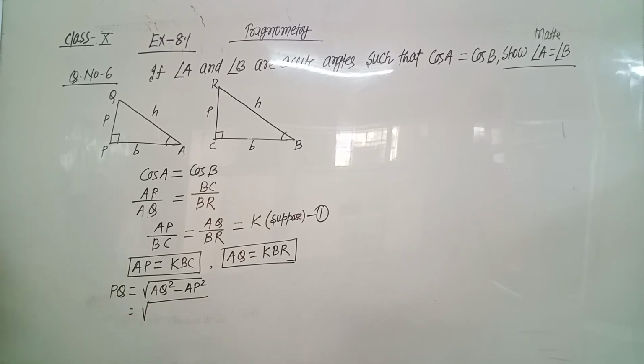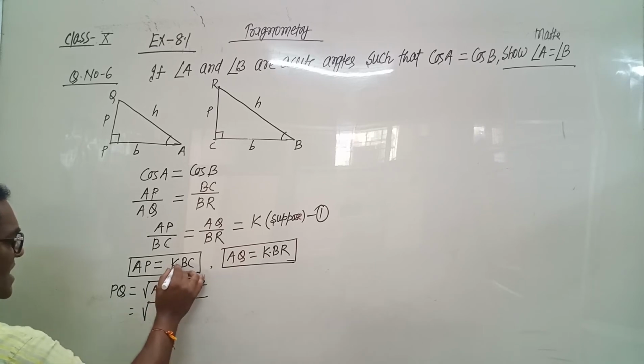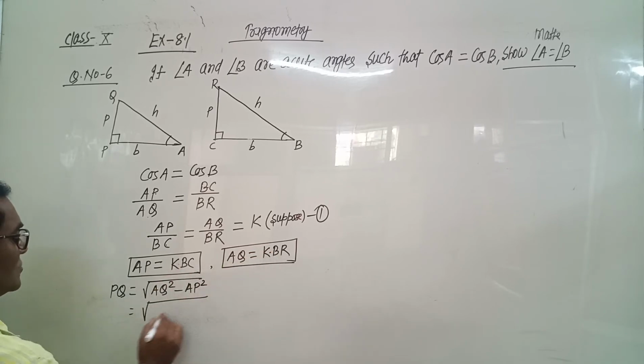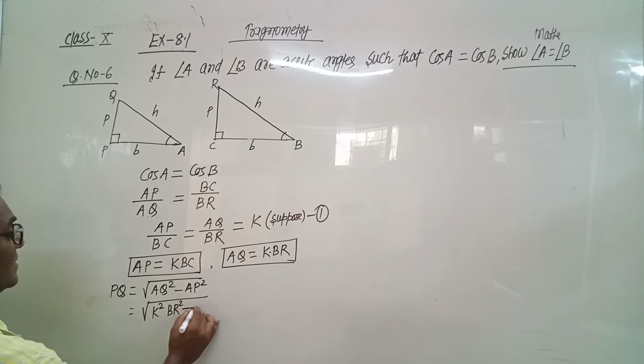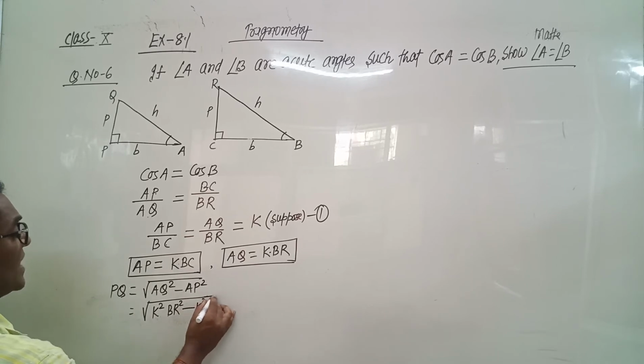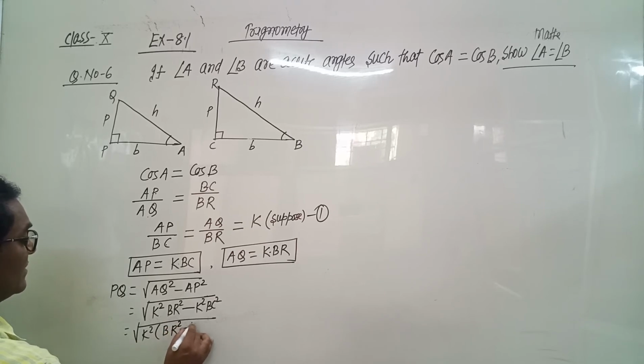Now put the value of AQ, which is K into BR. So AQ square becomes K square into BR square, and AP square becomes K square into BC square. We take K square common, so it gives BR square minus BC square.